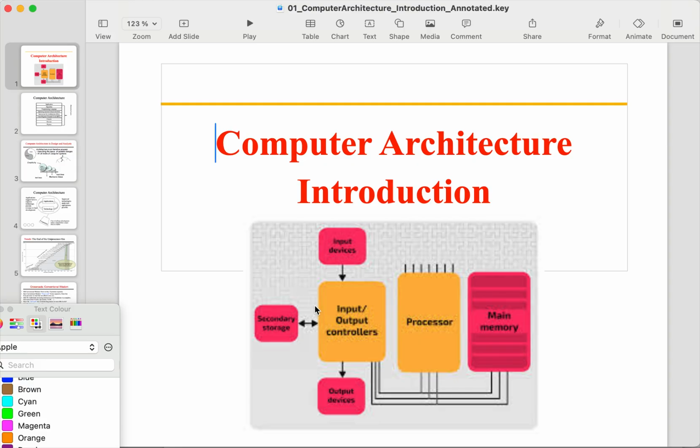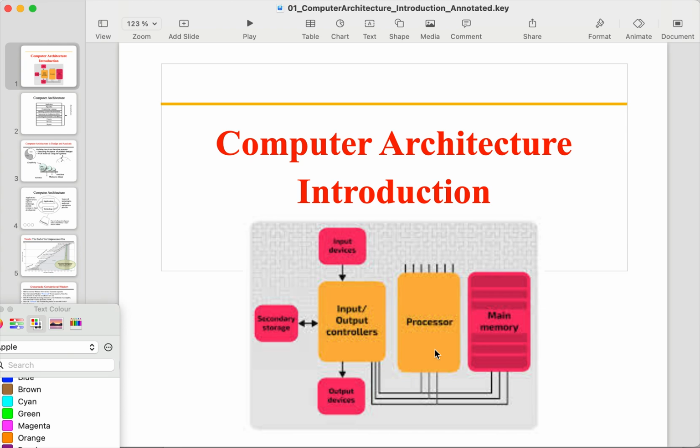So what is computer architecture? It has to do with the internal design of a computer, including the hardware and the software that is needed to make the computer work.